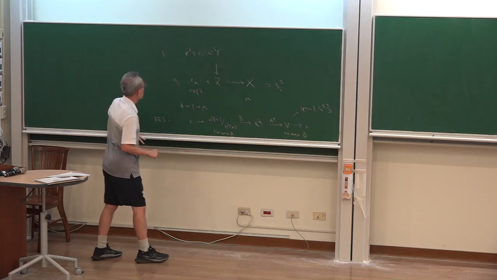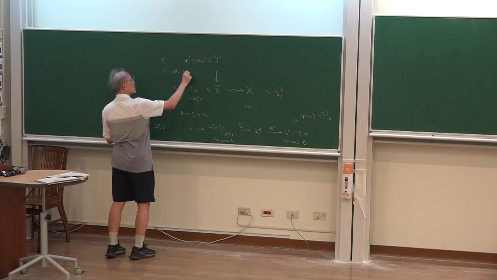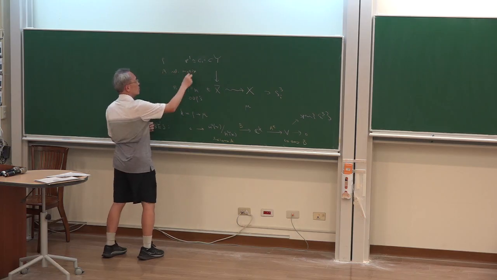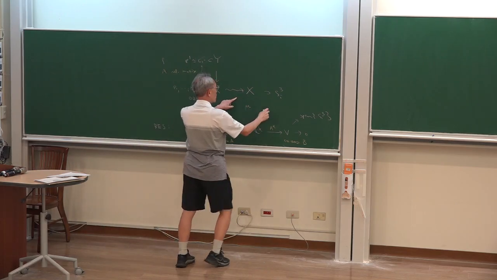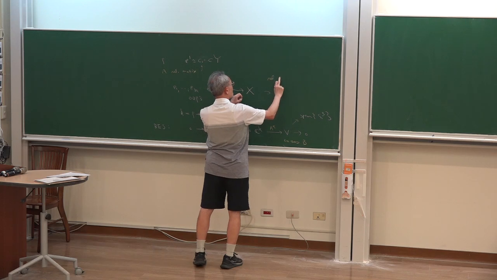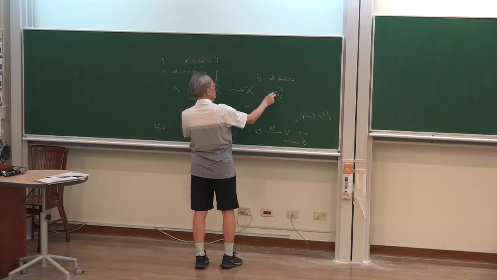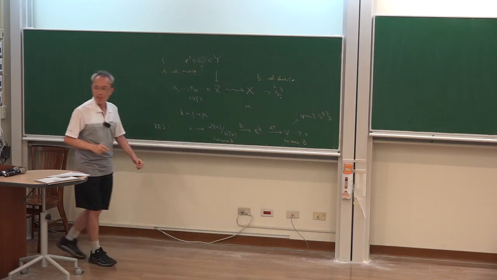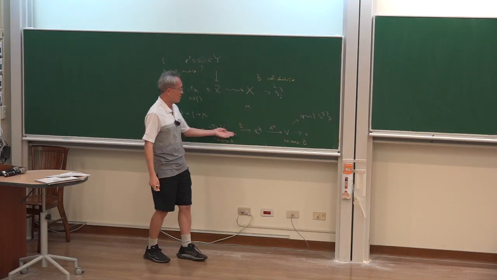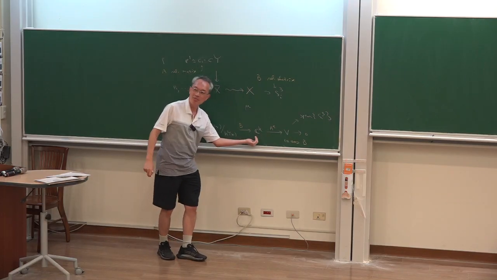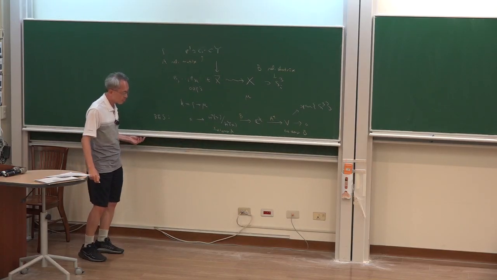So the relation A is the relation matrix of this, and here we have the relation matrix B for this. Well, that's the interesting part. But you have to map this by B, and you have to map this back by A. Okay, so this is a Hodge theoretic diagram.